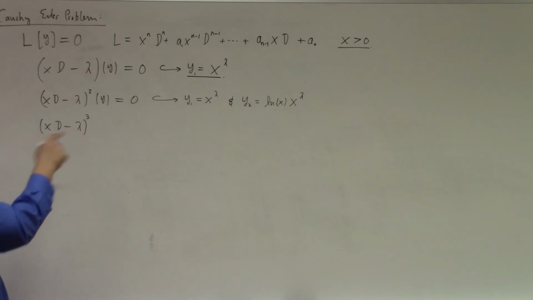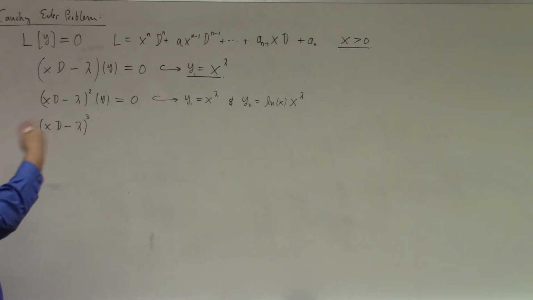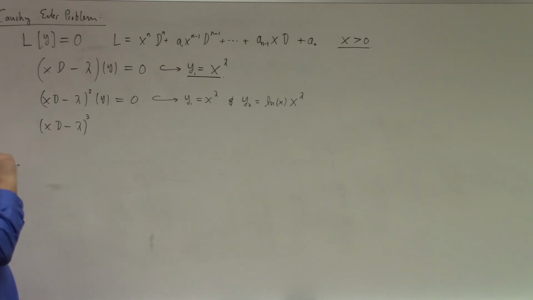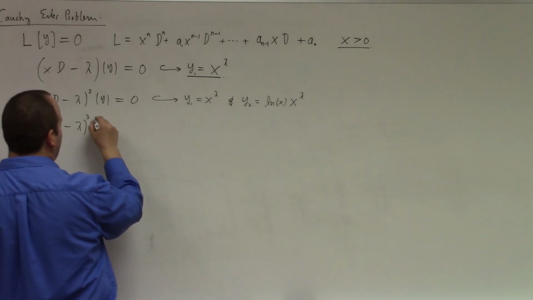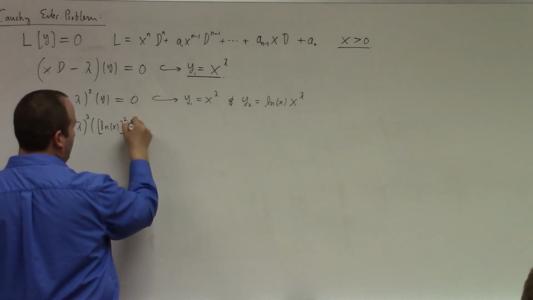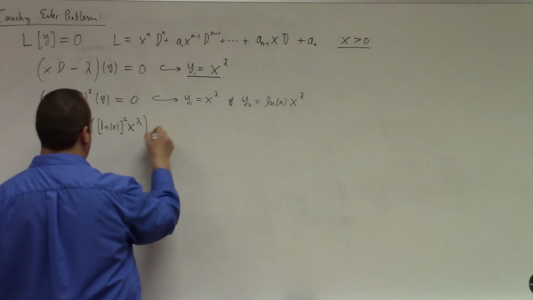I already know those first two are going to work, because when you feed those into the square, you get 0. So if you hit xd minus lambda on 0, you still get 0. This is a linear transformation. Let's try natural log of x quantity squared on x to lambda, does that work?